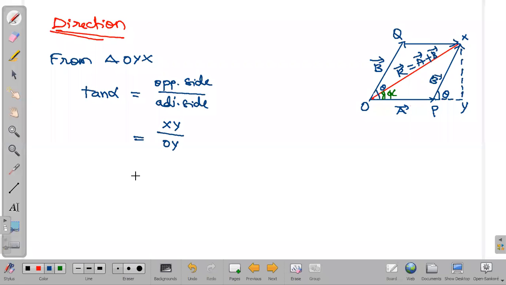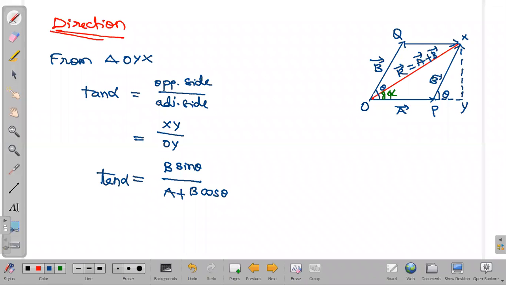XY we just found already, it is B sin theta. And OY is OP plus PY. OP is our A plus PY is B cos theta, right? So this is tan alpha.